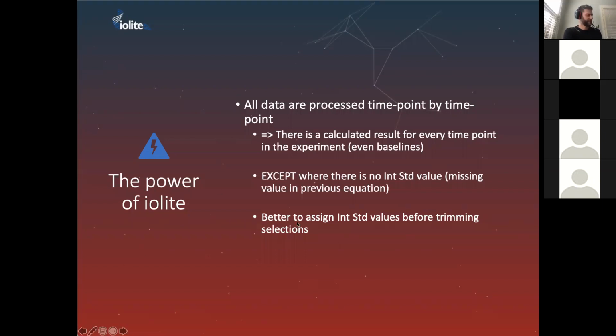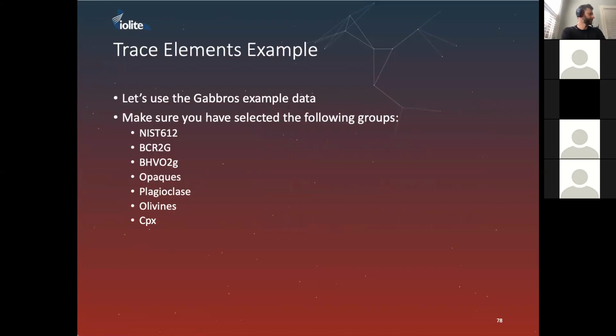The idea is it's better to select as much of your sample as you can to start off with, and then bring in your internal standard values, and then later on trim down your selections. So I hope that makes sense. If it doesn't, let me know in the question and answer section, and I'll go back over that.